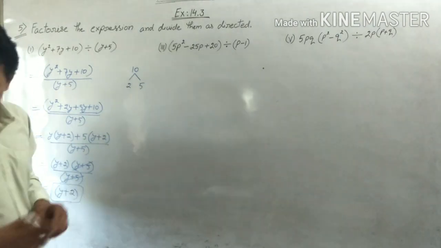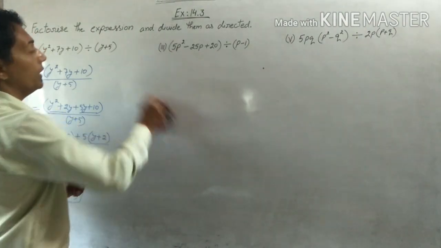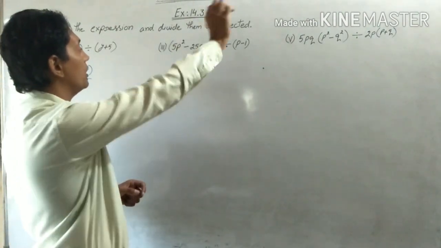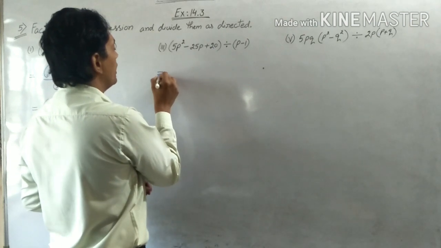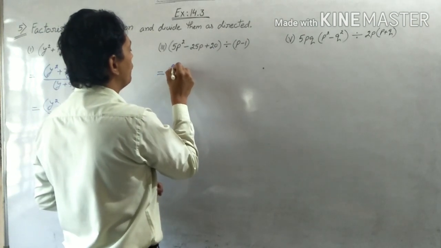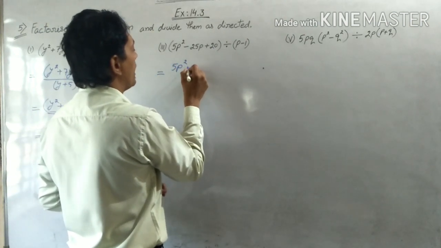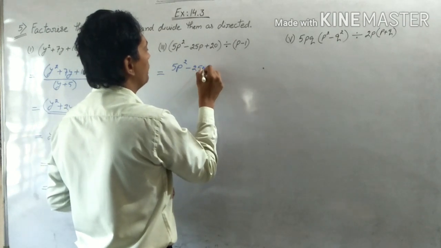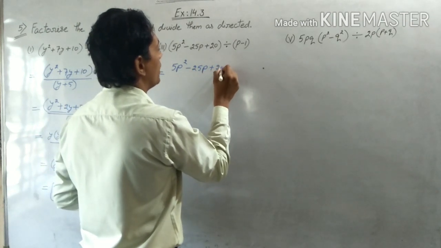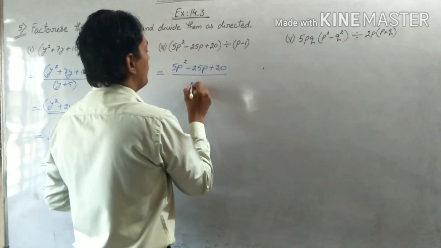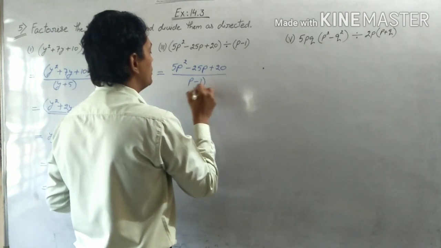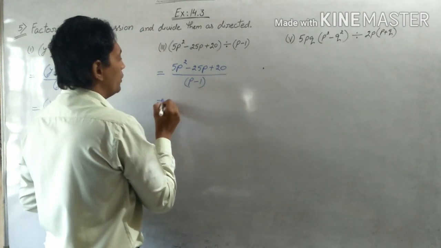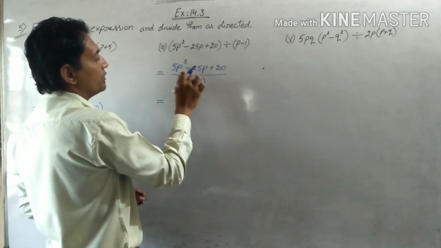Now students, see, in this expression, the third question, we will write in the numerator and denominator format. So 5p square minus 25p plus 20 whole thing divided by p minus 1. What we'll do is we'll take common from these three terms.